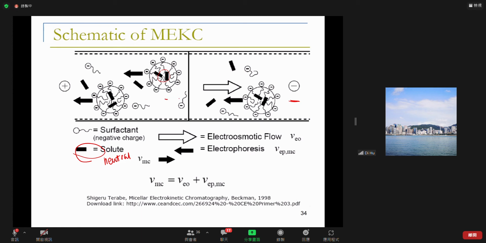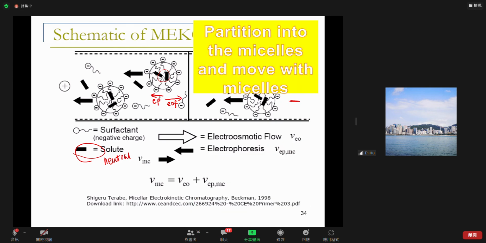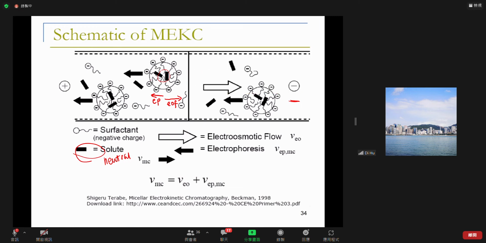It has the EOF, but at the same time it also has a pretty big EP. It's pulling it back because it has multiple negative charges, and even though it has a big size, it is still pulling it.